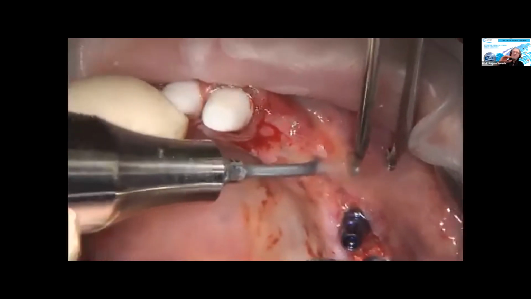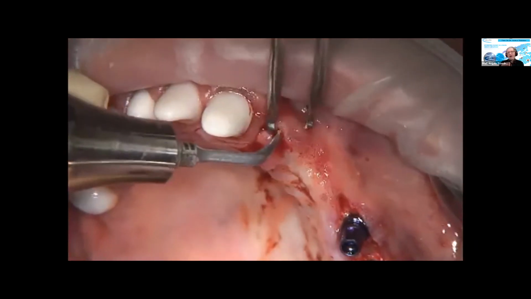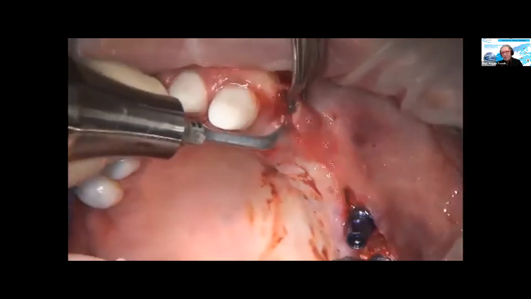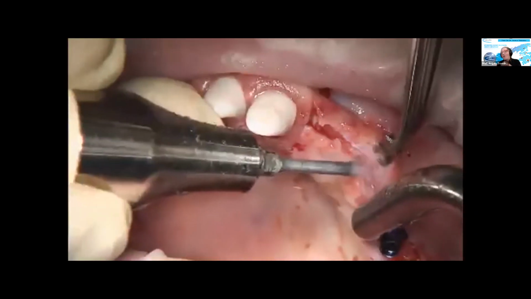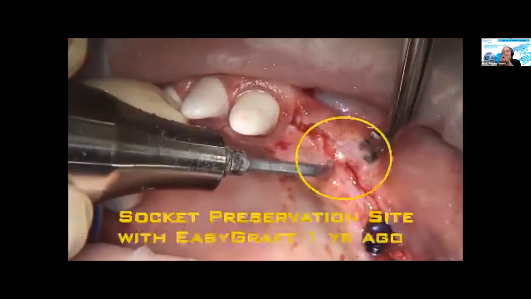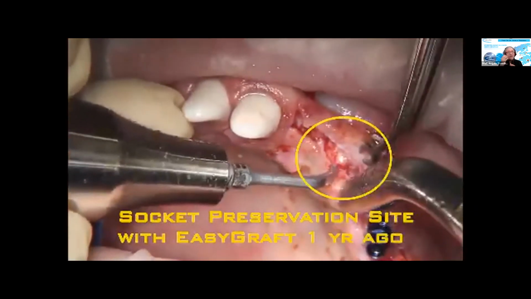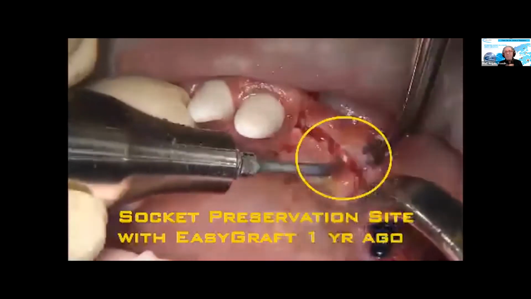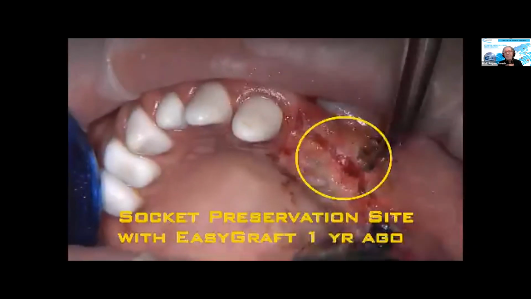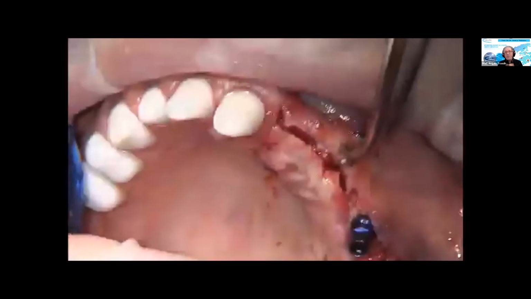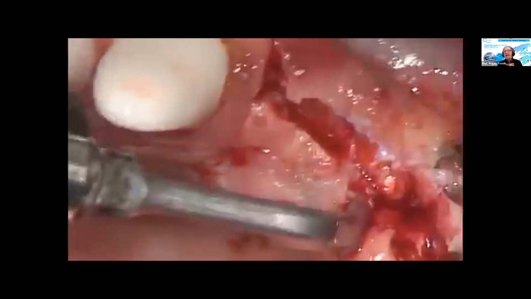But now we have to do the second step, and instead of now going to do some autologous bone block grafting, which, by the way, can also be done much more easy and much more precise with the piezotome, especially when it comes to preparing the block graft from the chin or lateral side of the mandible.